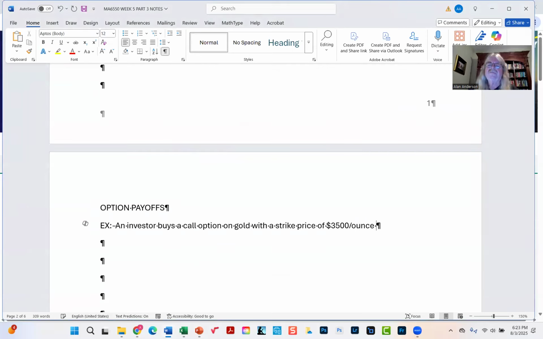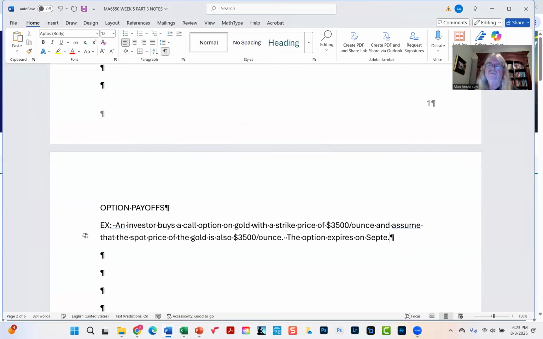And let's say, just for simplicity, that the spot price of the gold, the price in the marketplace, is also 3,500 per ounce. The option expires September 1st and costs, let's say, $100.